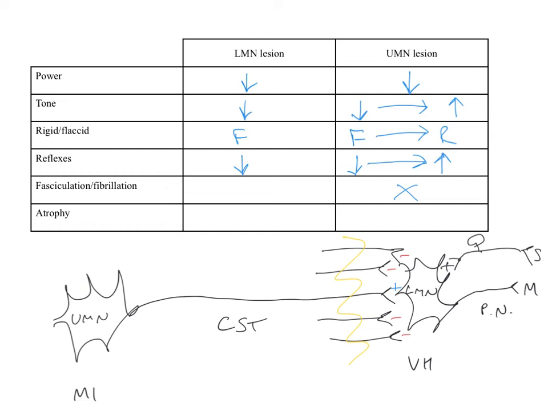Basically, if you think about what's going on, when the lower motor neuron is intact, the motor end plates are there at the synapses, at the neuromuscular junctions, and the acetylcholine receptors on the muscle fibre are localized to the neuromuscular junction. However, if we damage or destroy the lower motor neuron, then what we actually have is less of an incentive for the muscle fibre to maintain its acetylcholine receptors just at the synapses.